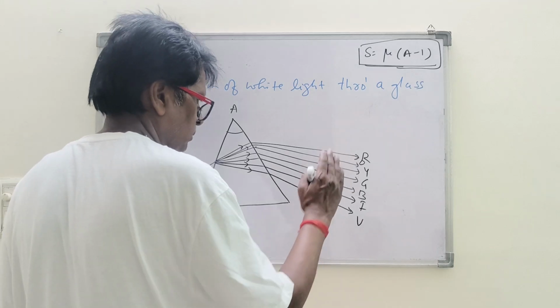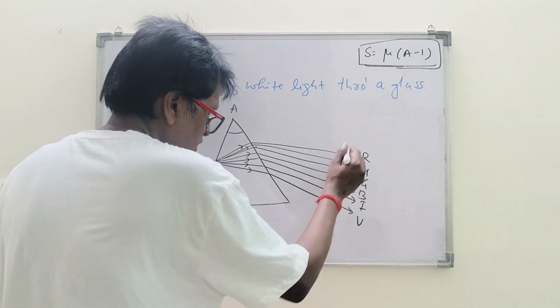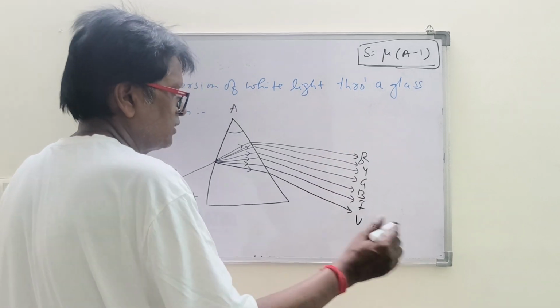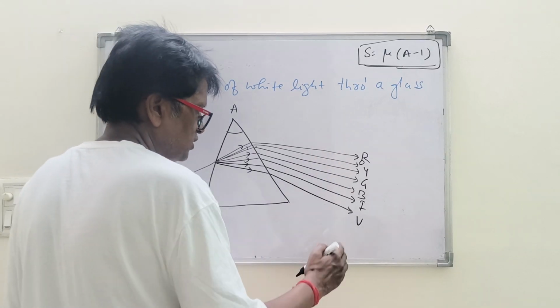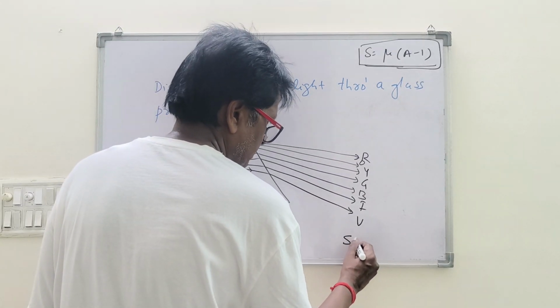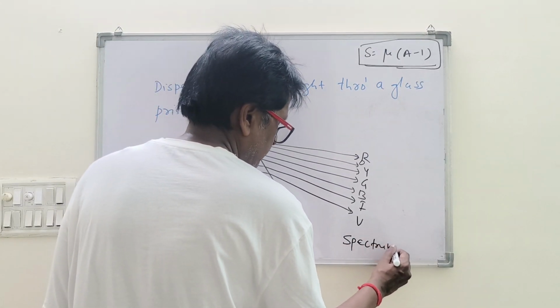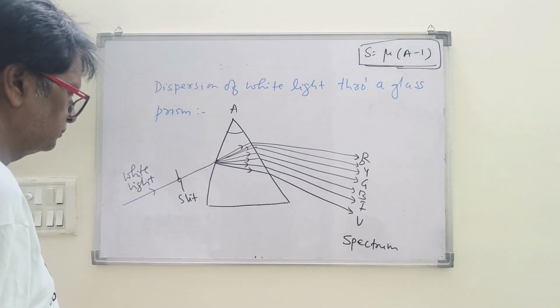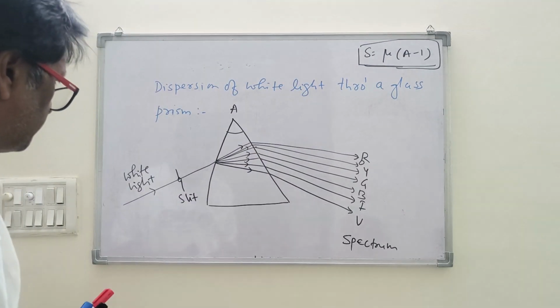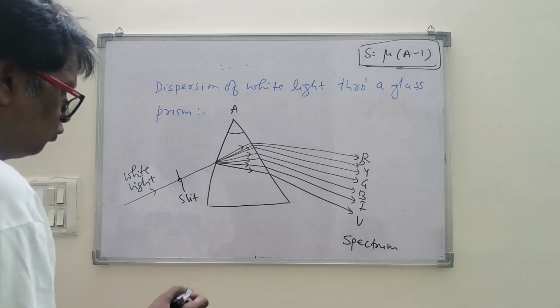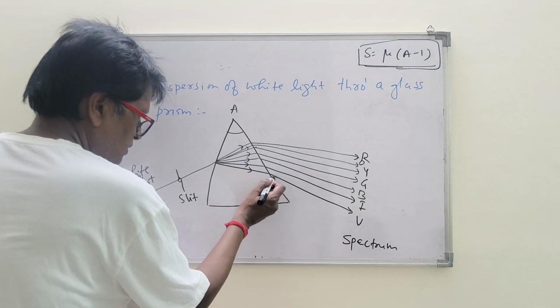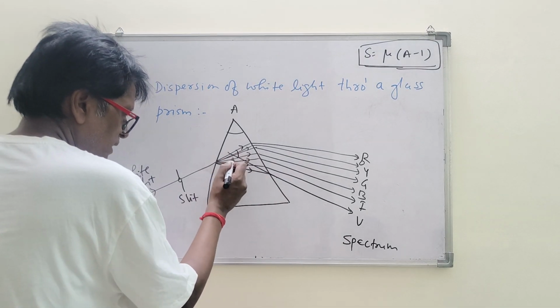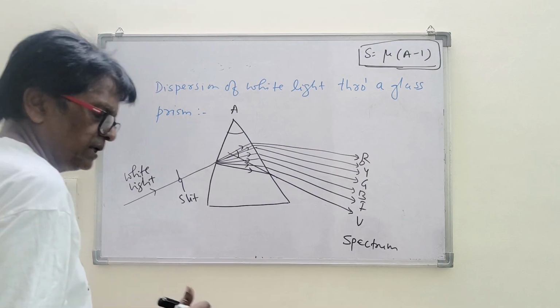This band of 7 colors obtained on the screen is known as the spectrum. So what we observe here is that the violet color suffers very large deviation.